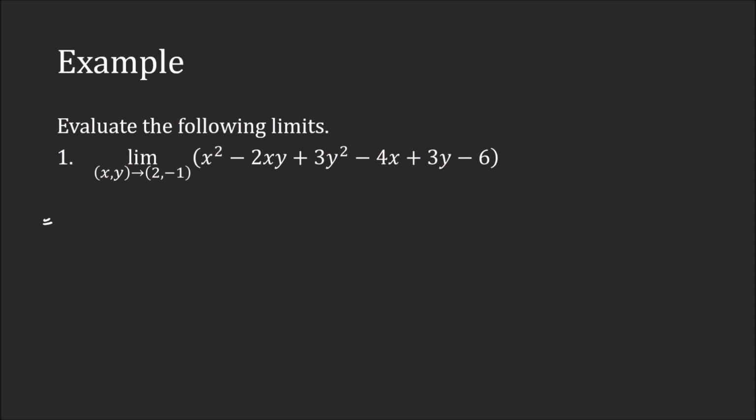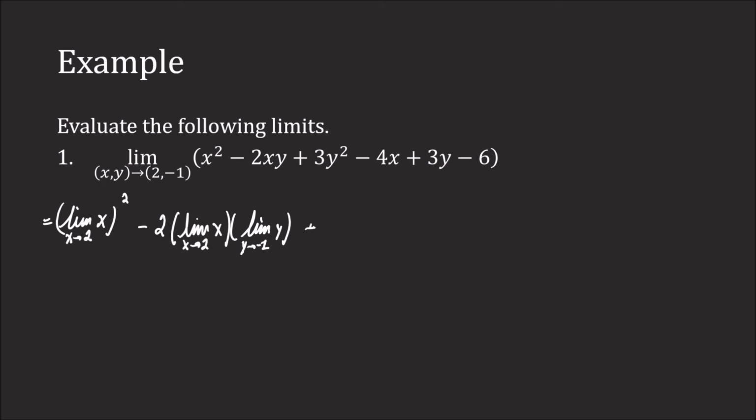So I'm going to do all of this breaking up in one step. Overall we see it's a sum difference. So we're going to have the limit of simply x squared, but that can be used as a power. And now, because it's just of x, this is the limit as x approaches 2. Then we're going to have the limit of a product, so it'll be minus 2 times the limit as x approaches 2 of x, then times the limit as y approaches minus 1 of y.